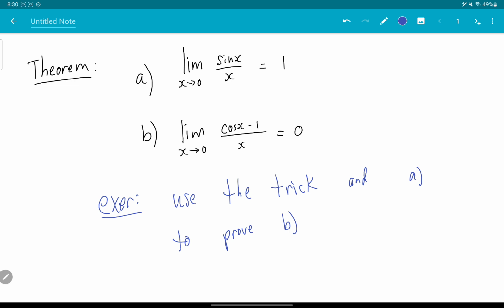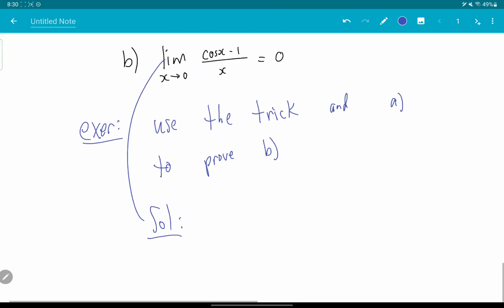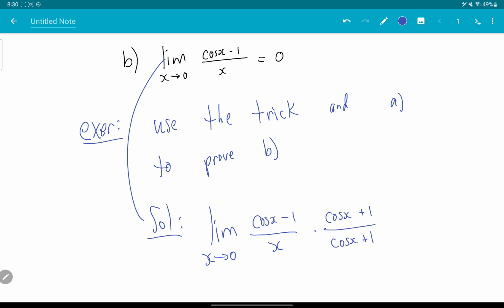Okay, here I go. I'll show you how it works out. Solution. So I do the limit as x goes to 0 of cos x minus 1 over x times cos x plus 1 over cos x plus 1, just like before.